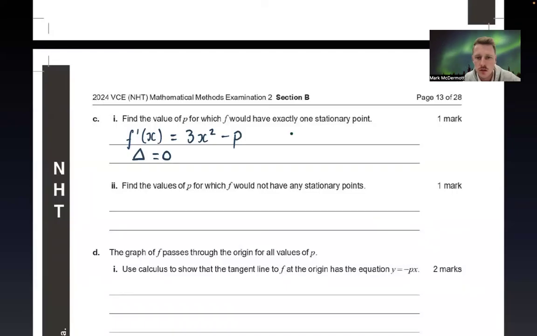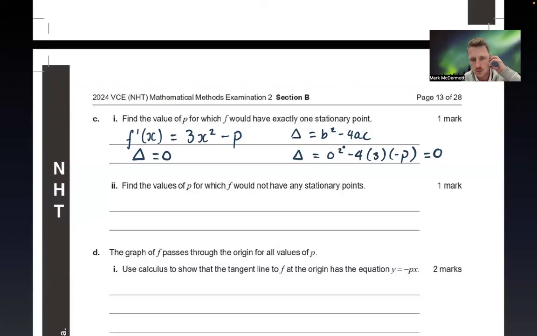So let's work out the discriminant. The discriminant is b squared minus 4ac, so that's 0 squared minus 4 times 3 times negative p, and we need that to equal 0. We get 12p equals 0, in which case p equals 0.